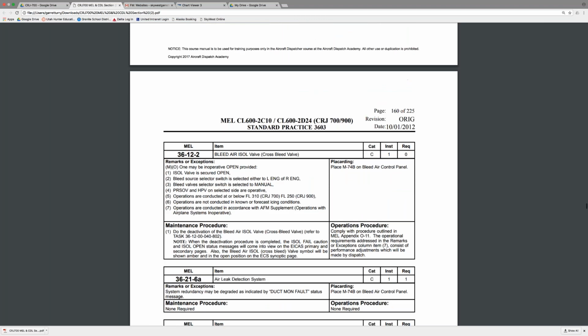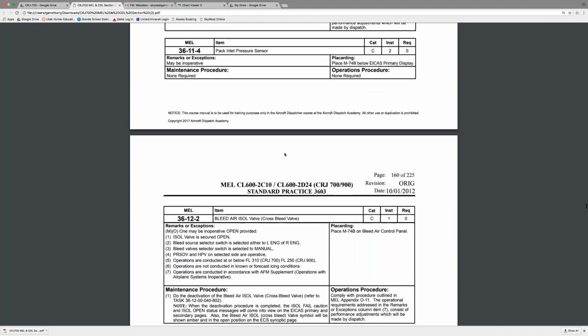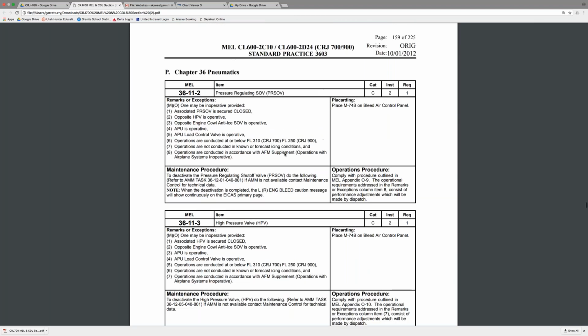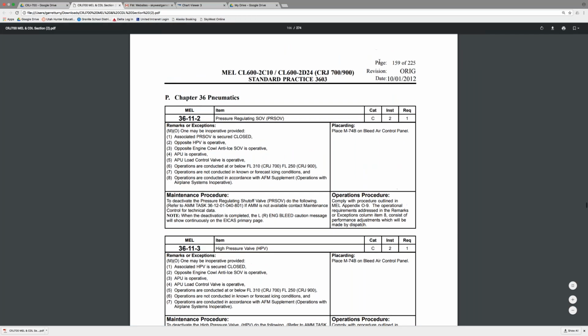I know I'm on the wrong one because it says flight FMS navigation database, and that's page 159. Are you looking up in the top right corner? It says page 159 of 225. Mine says 159 of 274. No, you're looking at the PDF page.